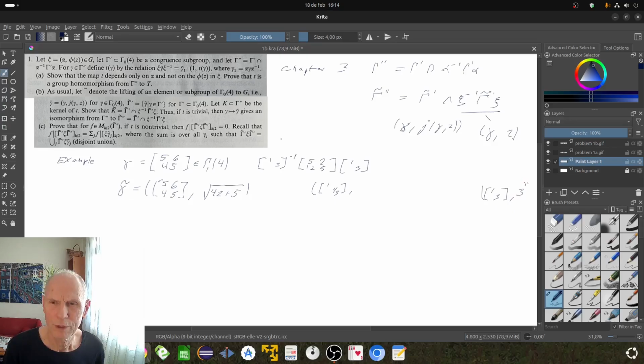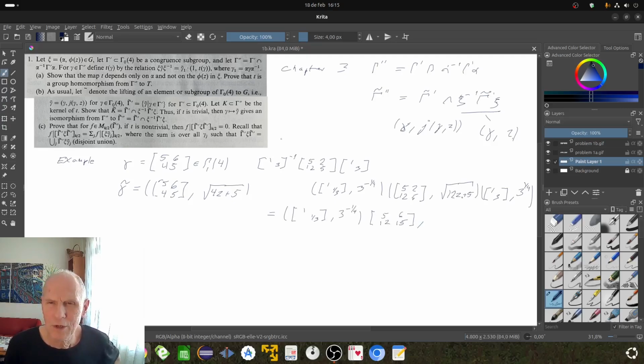This is 3 to 1/4. So this is 3 to the reciprocal. And epsilon of 5 is unity, so it's just square root of 12z plus 5.